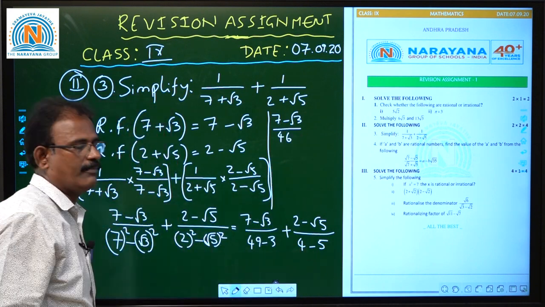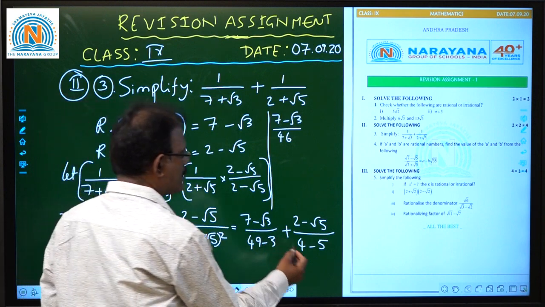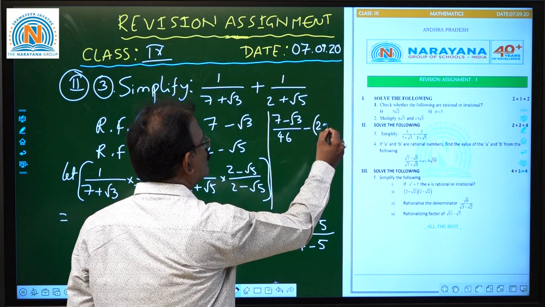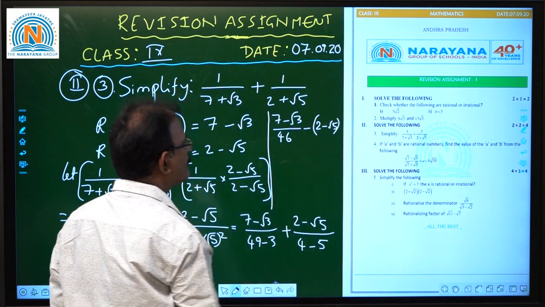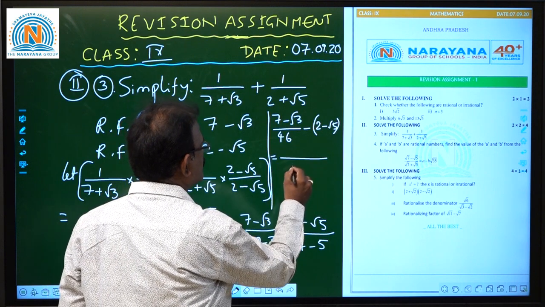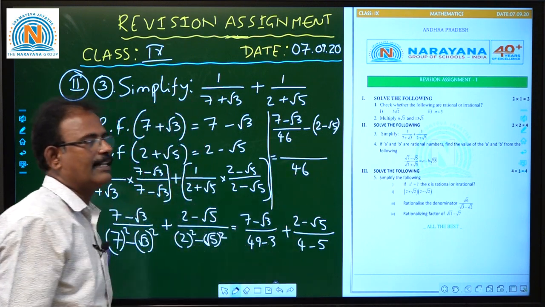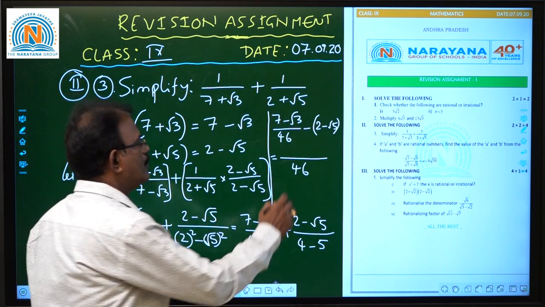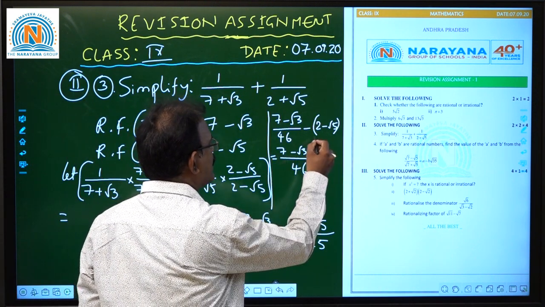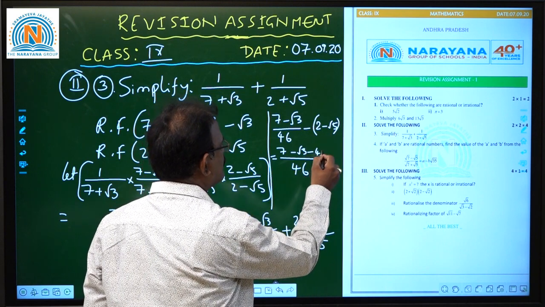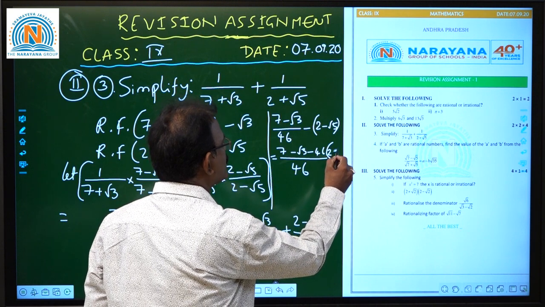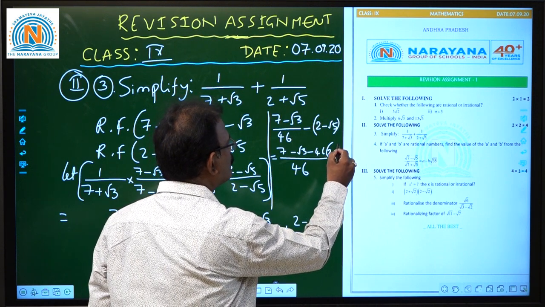4 minus 5 means it is minus 1 children, so plus of minus, minus, minus, this is 2 minus root 5. So this is by calculating the LCM, this is 7 minus root 3 minus, as there is no denominator, 46 times of the numerator, that is 2 minus root 5.